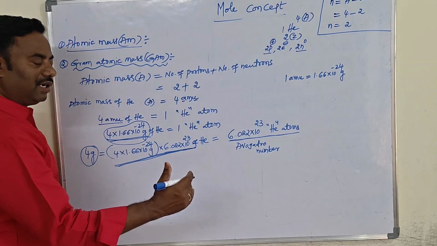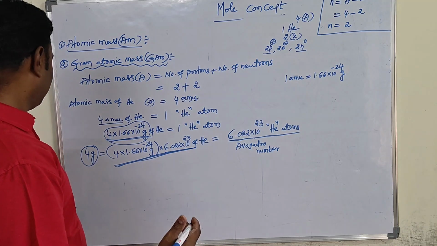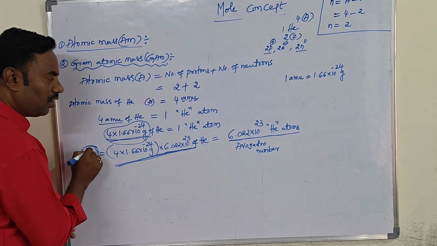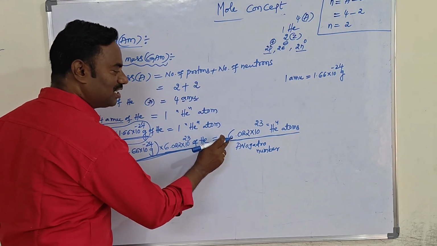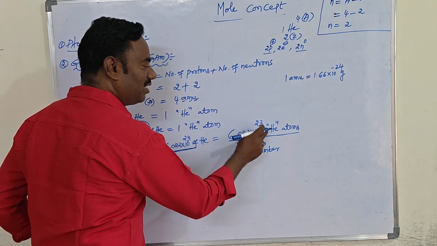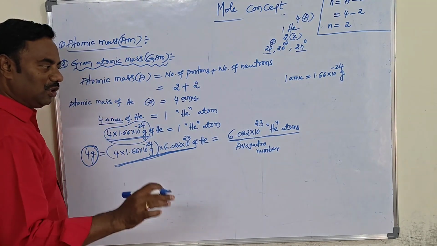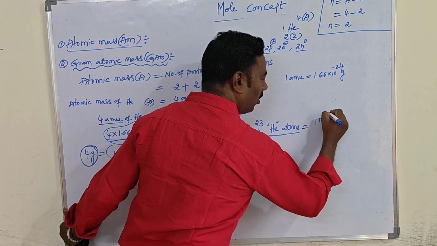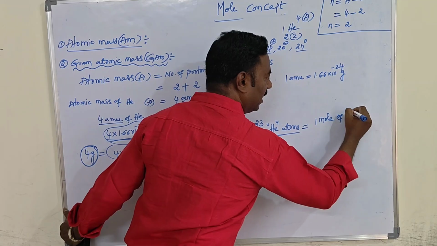What is the definition of mole? This is the amount of substance in which 6.022 into 10 to the power of 23 helium atoms are there, so that it is equal to 1 mole of helium.